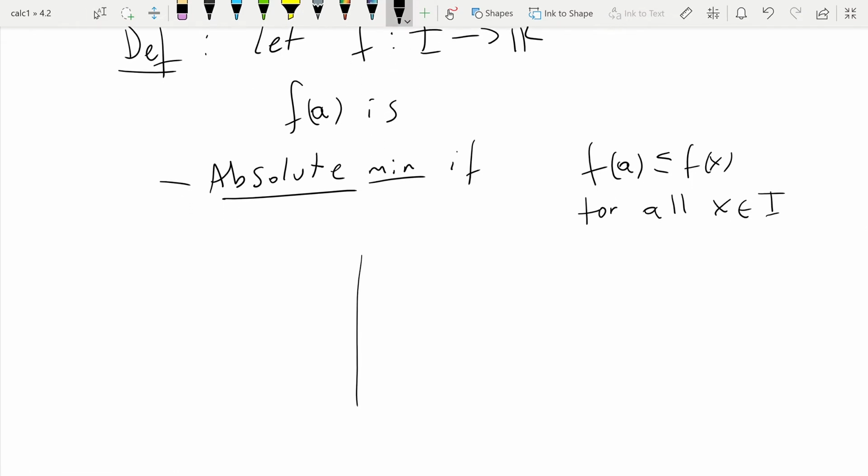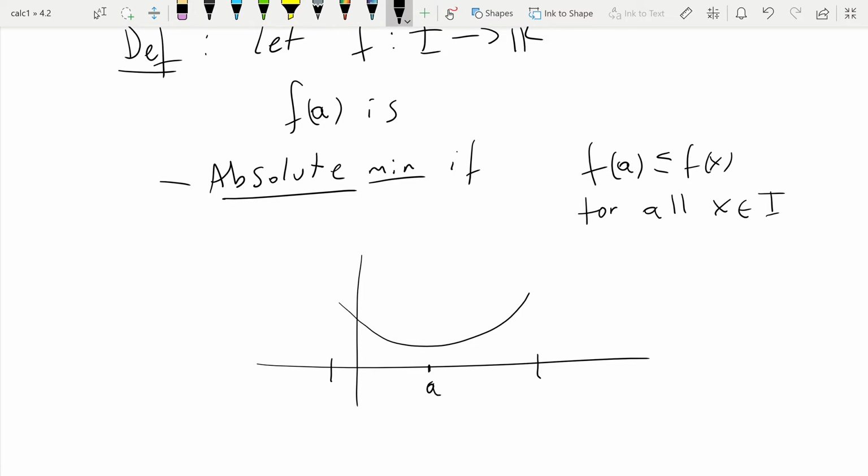So let's look at a picture, and if this is the interval I, say the interval goes from here to here. No, this is bad notation, A and B, because then A will not be the point inside.